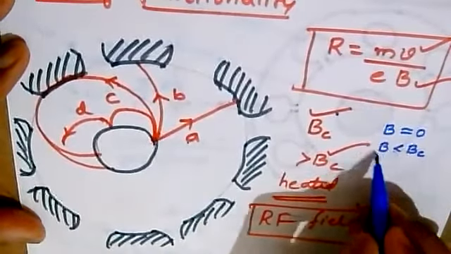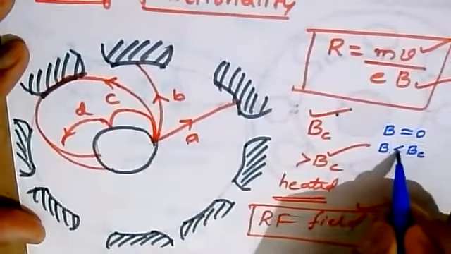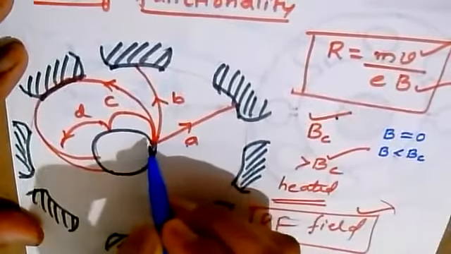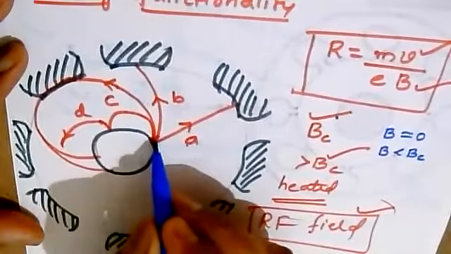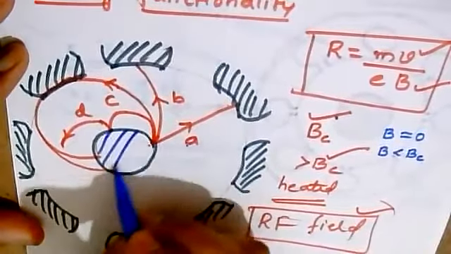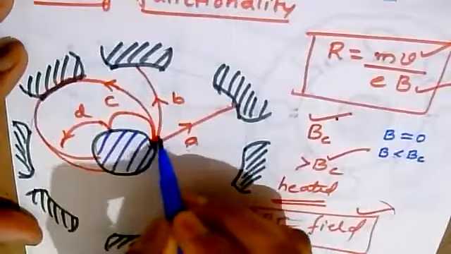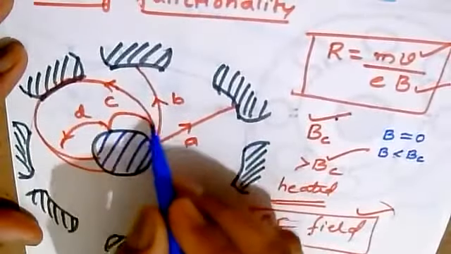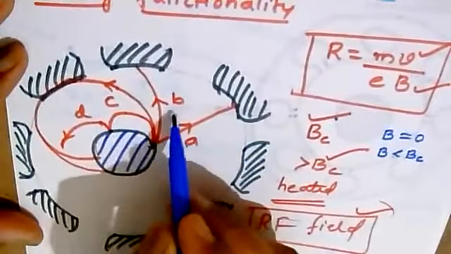Whenever the applied magnetic field is less than the critical field, the electron moves from cathode to anode with a slightly curved shape. This is the path followed by electron B.